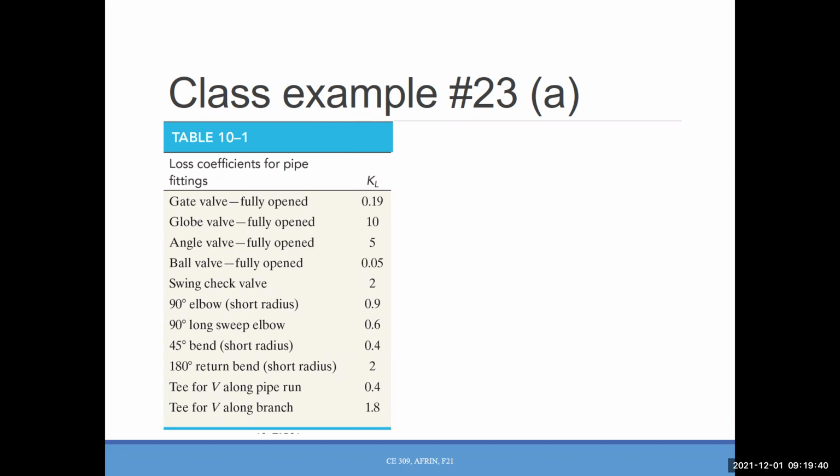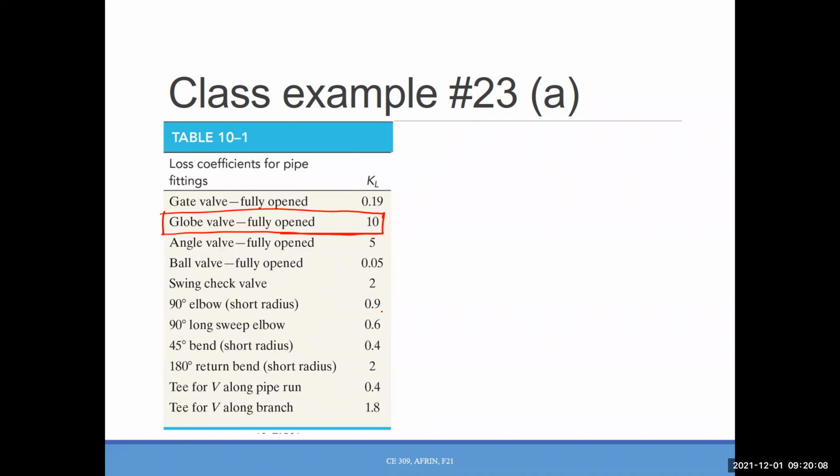So what type of valve we have here? We have a fully open globe valve. So that is one. And we also have a 90-degree bend. Now, in this table, they have two 90-degree elbows.